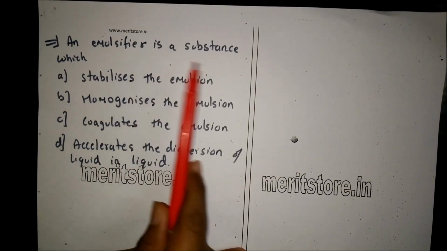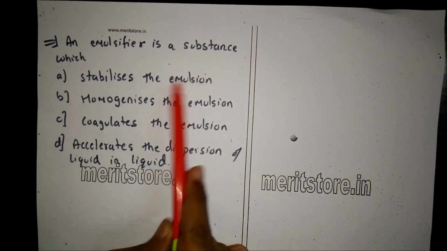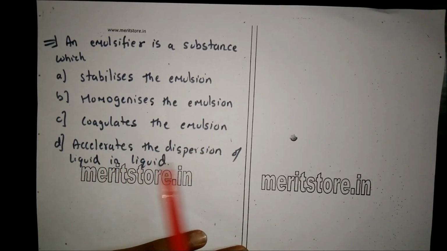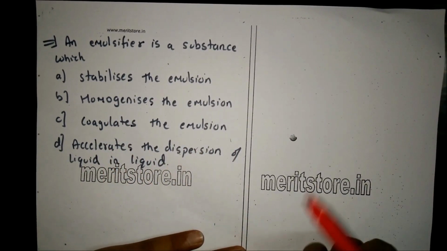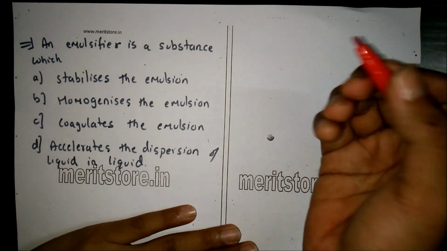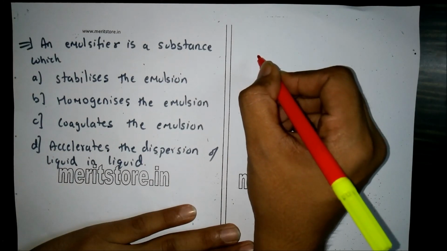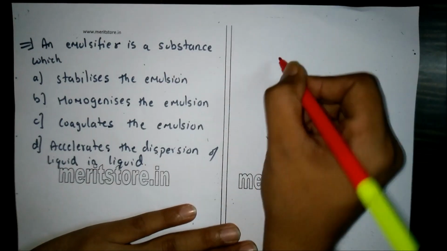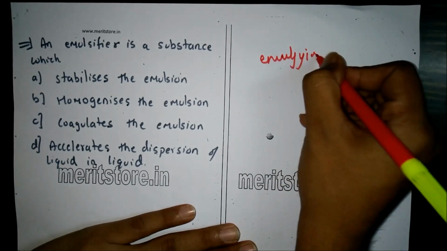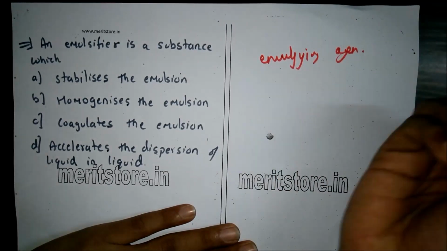An emulsifier is a substance which stabilizes the emulsion, homogenizes the emulsion, coagulates the emulsion, accelerates the dispersion of liquid in liquid. An emulsifying agent is usually added to an emulsion. What does this do?